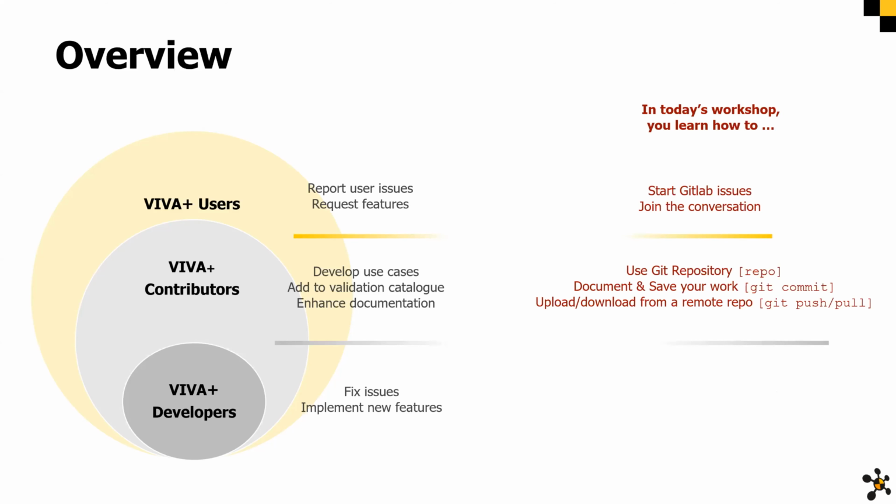Then the use of a Git repository for version control and saving. We'll look at ways you can save your work, publish it online, and make it available to others. And if you're developing the model itself, how you can work on a branch and then merge it with the master branch, which is the stable branch.